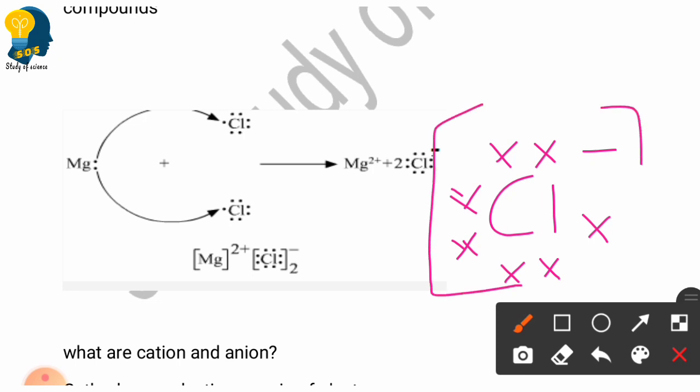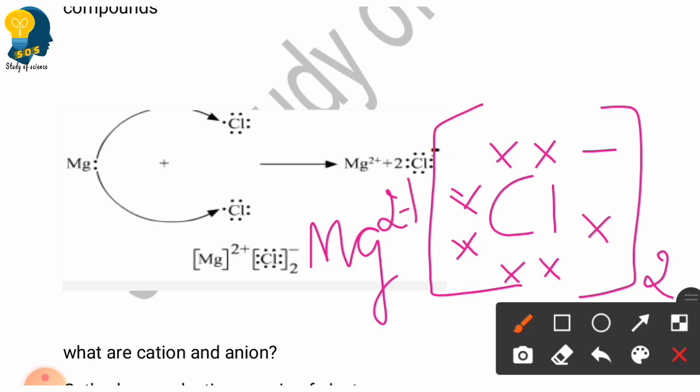So there are 2 chlorine atoms. You should not write 2 inside, it will become wrong. So here it is Mg2 plus. Mg is losing 2 electrons, chlorine is gaining 2 electrons in total, but its charge is 1. Clear? I hope you have understood this formation.